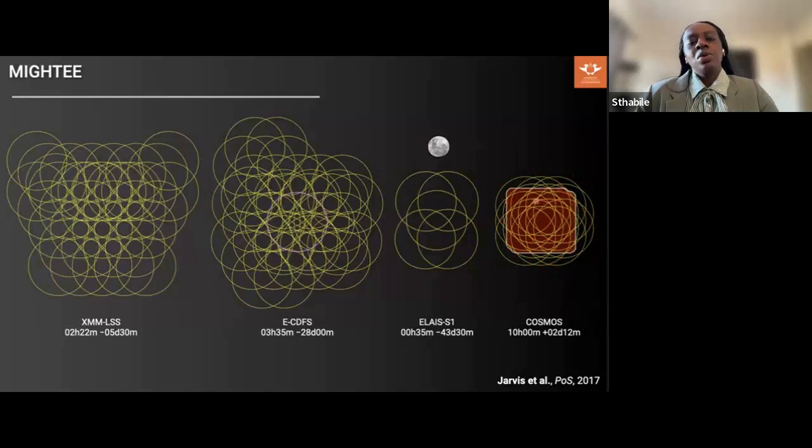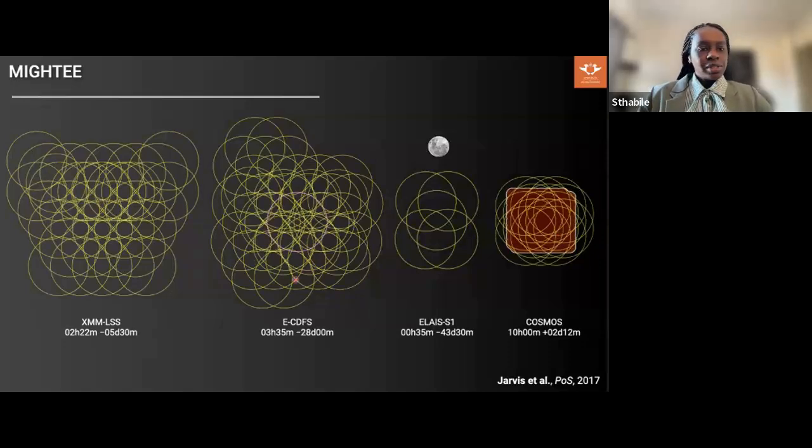And also now we've got coverage at 3 gigahertz. So this increases our frequency detections in the radio, which is important for radio spectral energy distribution formation, for instance, that allows us to study properties of radio sources.